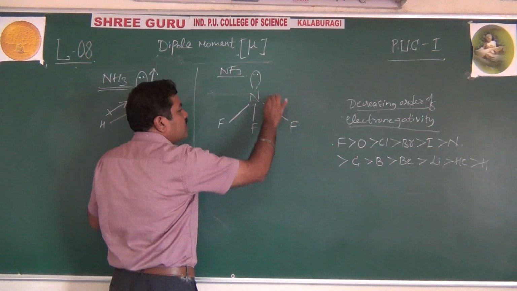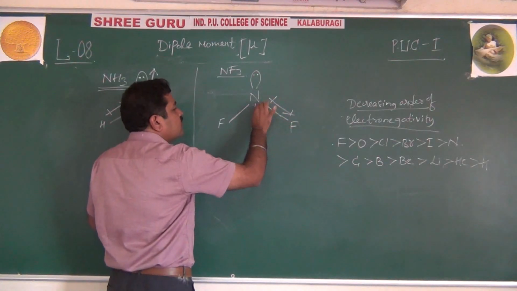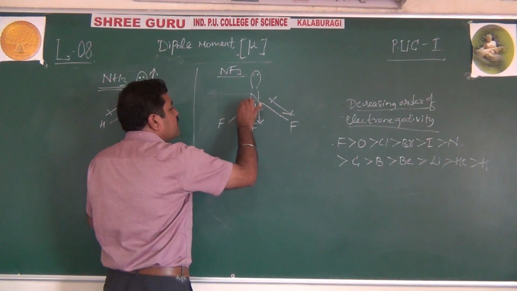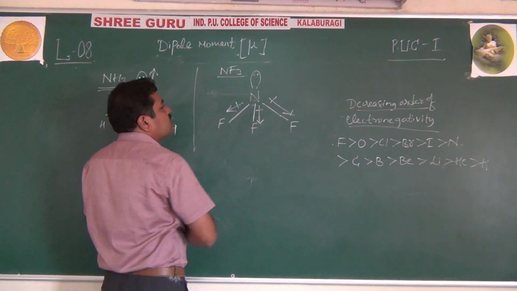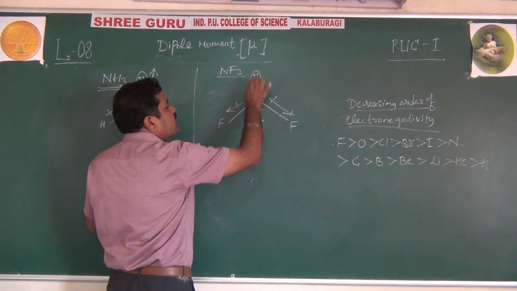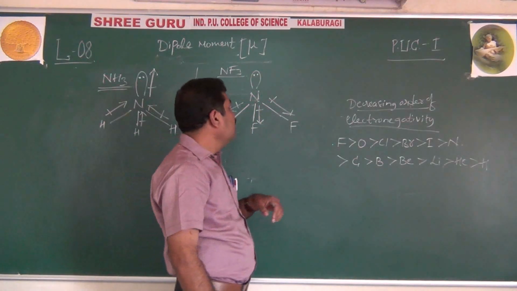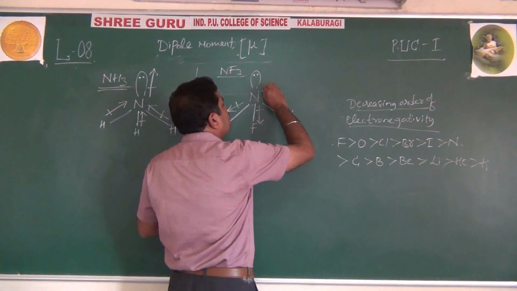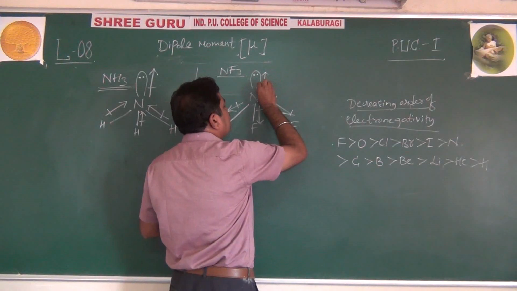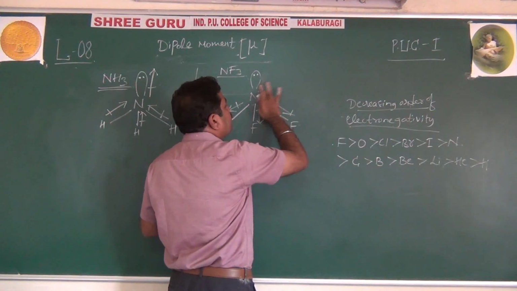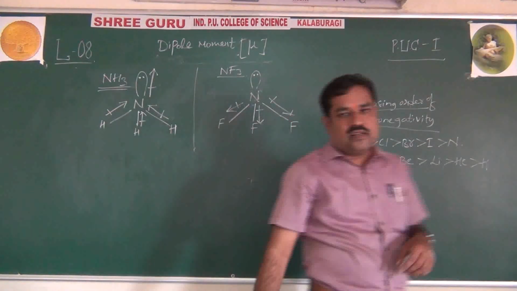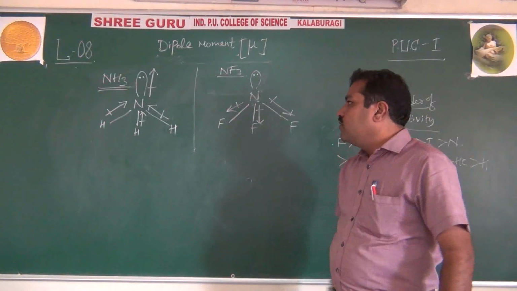It will attract the bonded pair of electrons towards itself, away from the nitrogen. Only the lone pair of electrons on the nitrogen atom is responsible for polarity.